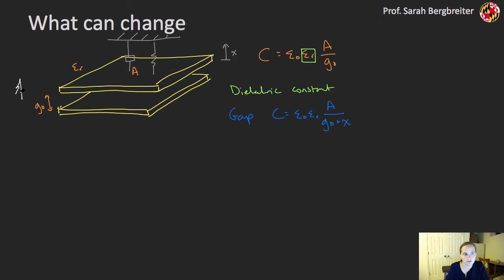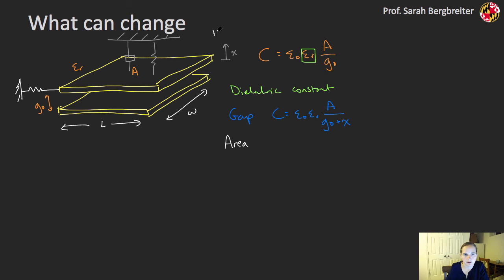And a final way to think about things that I can change, I can do that same thing from the side, and I can change the overlap area. So my gap would remain constant, but in this case I'm changing the area that these plates overlap. So things would move basically like this relative to each other. And so if I call this dimension, let's say L right here, I'm going to be changing L and say this is my width, that will stay the same.